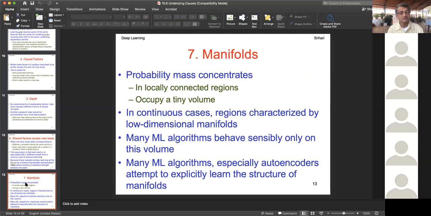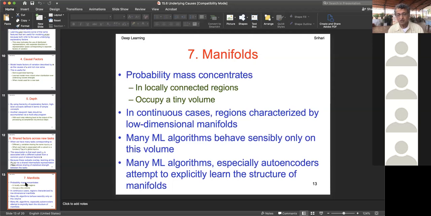All the variables define a huge multidimensional space, but your object of interest, the cat or the animal, occupies only a very small part of that space. And these are characterized by low dimensional manifolds. Many ML algorithms behave sensibly only on this volume. So there is the importance of understanding the volume. If you have something beyond that volume, it might not make sense.